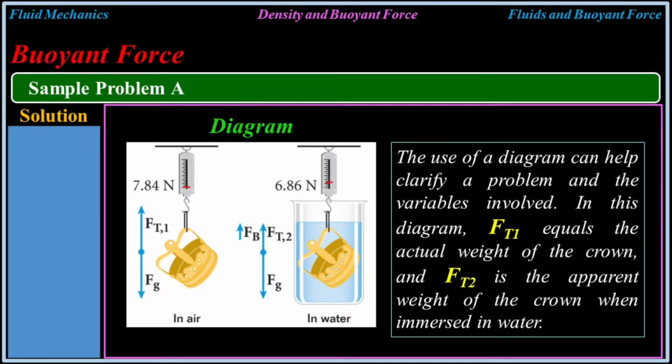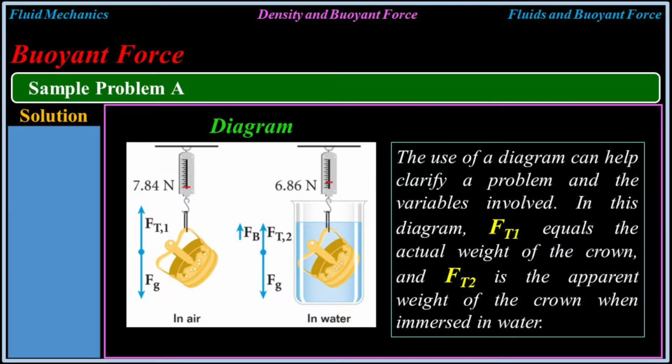The use of a diagram can help clarify a problem and the variables involved. In this diagram, Ft1 equals the actual weight of the crown, and Ft2 is the apparent weight of the crown when immersed in water. Study this very carefully.